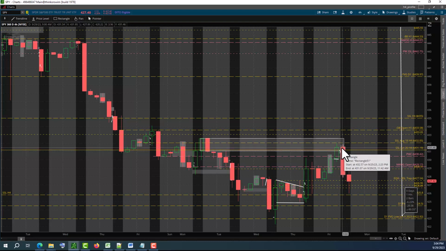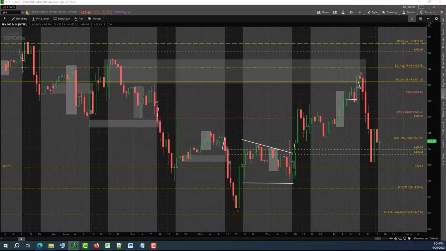And we see it opens above the close of this candle. Then it goes up a little bit, and then it opens low, and then it goes down.